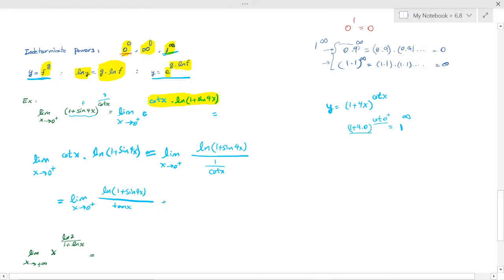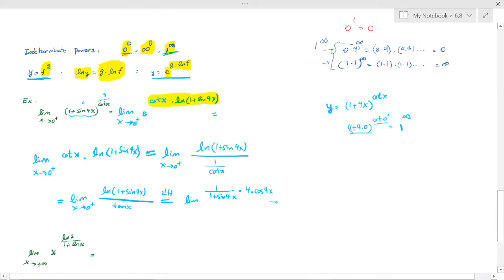Now taking the derivative would be easy, so I'm going to apply L'Hopital's rule. We'll get the limit, don't forget the limit part. The derivative of ln of 1 plus sine 4x is 1 divided by 1 plus sine 4x multiplied by the derivative of 1 plus sine 4x, which is 4 cosine 4x.